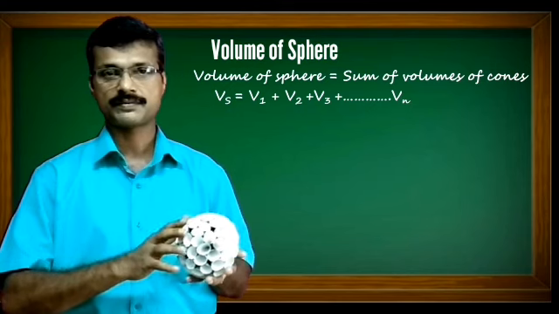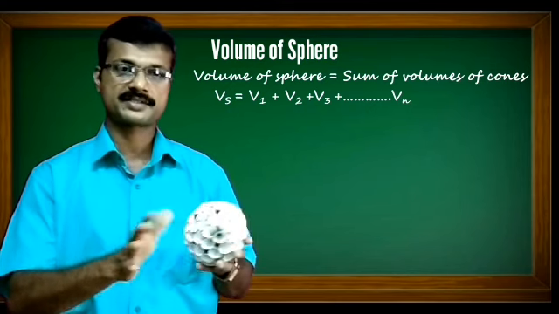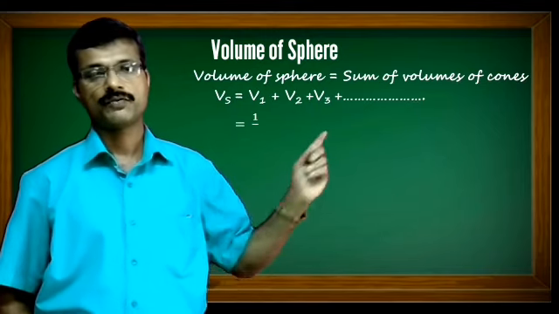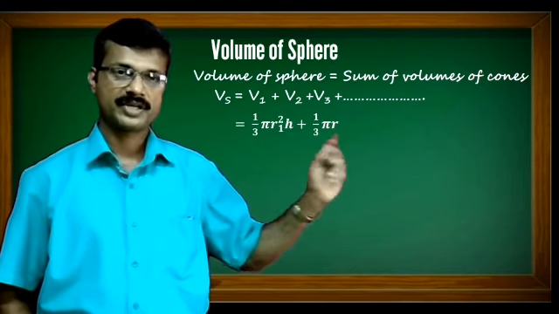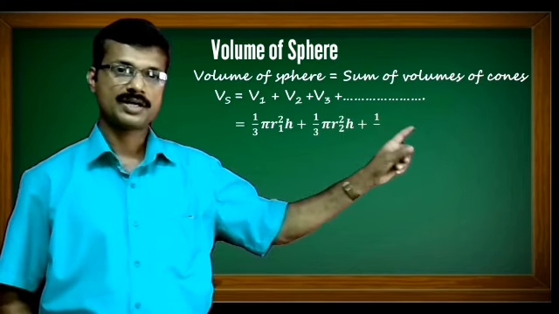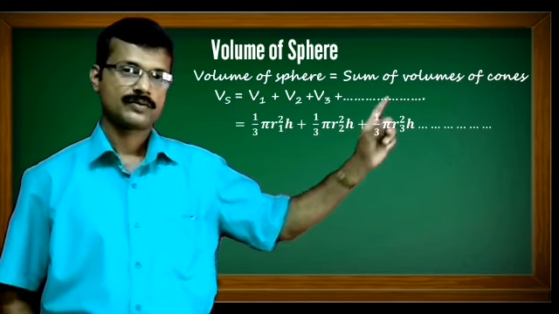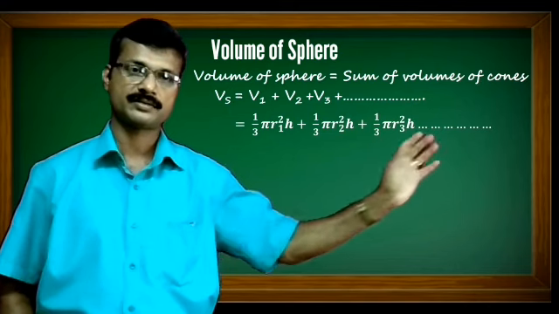So I will take the radii of the cones as R1, R2, R3, R4, etc. Therefore V1 I can replace with 1 by 3 pi R1 square h, plus V2, 1 by 3 pi R2 square h, plus 1 by 3 pi R3 square h, plus etc.